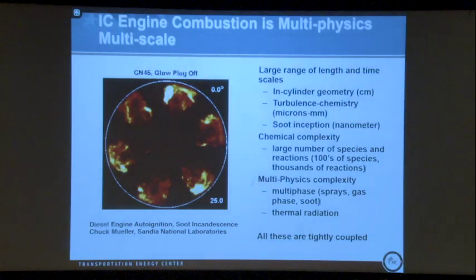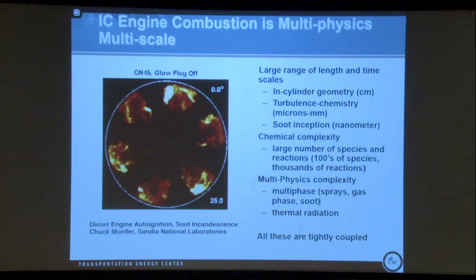If we just take IC engines, for example, we know that IC engines have lots of multi-physics in them. They're multi-scale, spanning maybe 6 to 10 decades of scales, both in spatial dimension as well as in the time dimension, where the typical engine cylinder bore diameter is 10 centimeters or so for an IC engine, much larger for a marine engine.